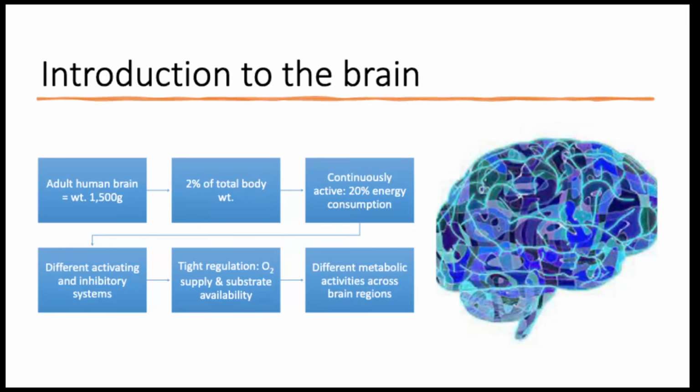And there are different metabolic activities across brain regions that determine the cerebral metabolic rate of oxygen consumption, the cerebral metabolic rate of glucose consumption, and the autoregulation, the blood flow to certain regions of the brain in metabolic flow coupling, whereby an increase in brain metabolism will increase blood flow to a particular area of the brain.